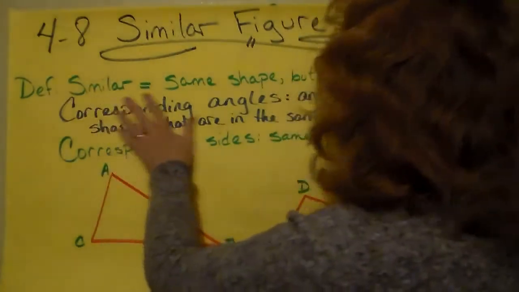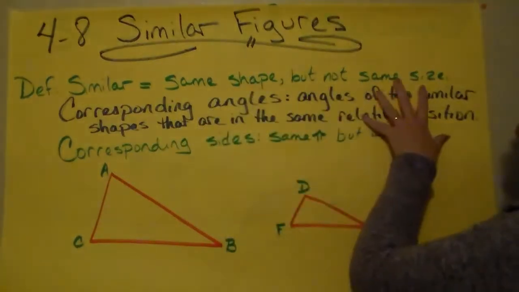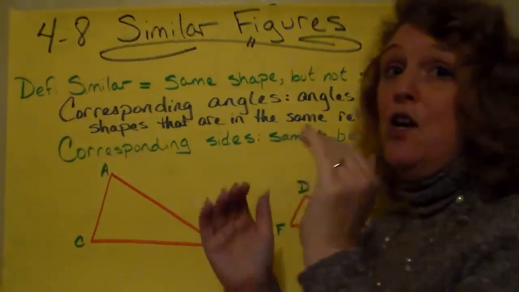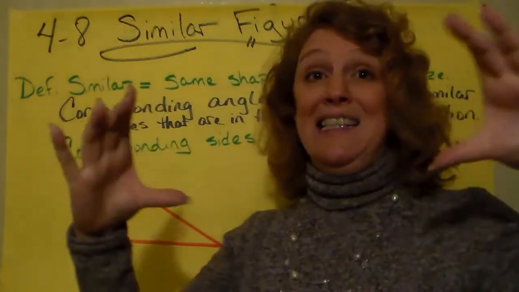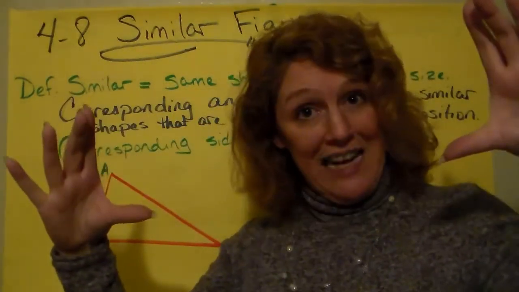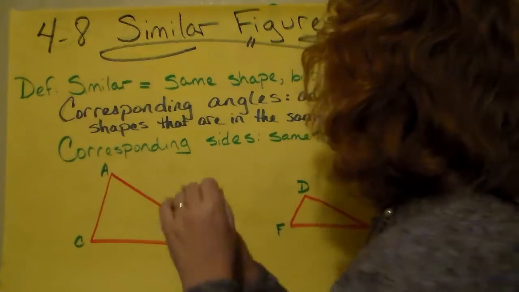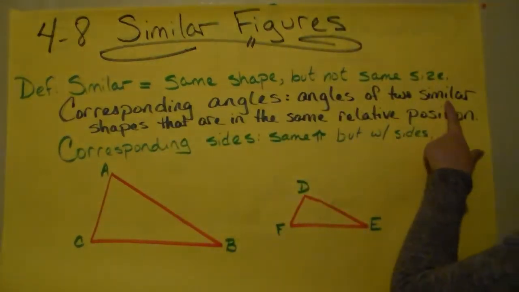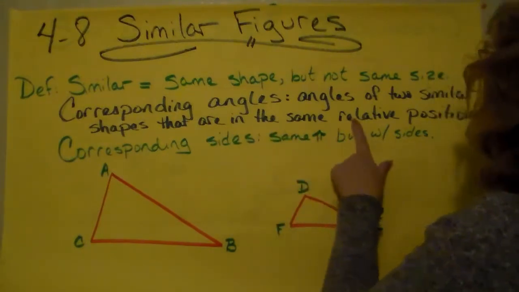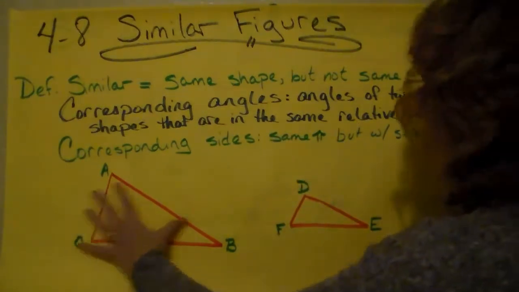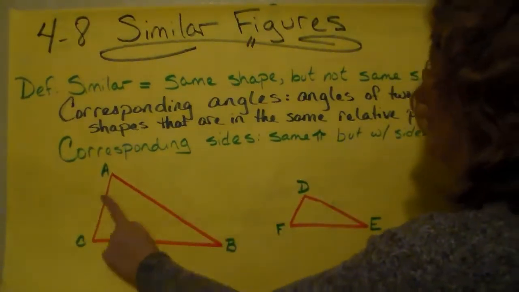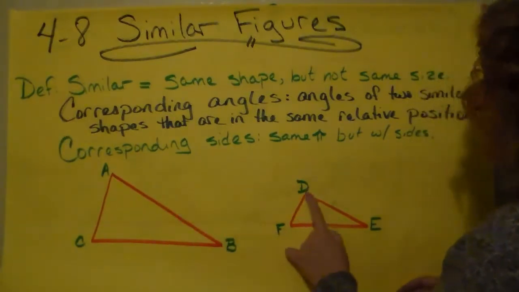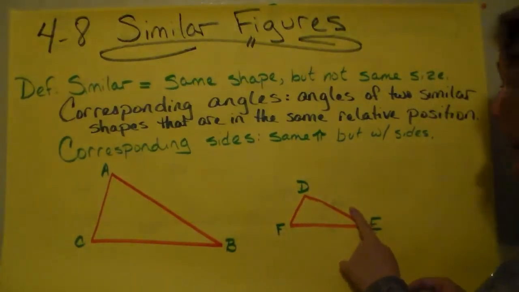The word similar means it's the same shape, but it's not the same size. So this is taking a shape and exactly, proportionally, making it bigger or smaller. Now, you've got corresponding angles, which means the angles of the two similar shapes that are in the same relative position. For example, angle A and angle D are corresponding angles.